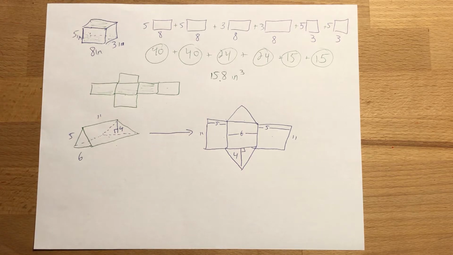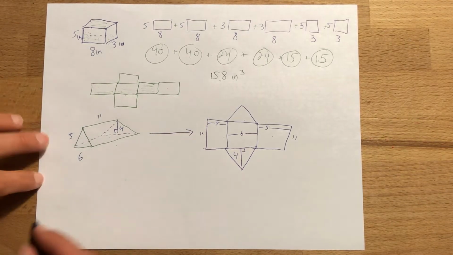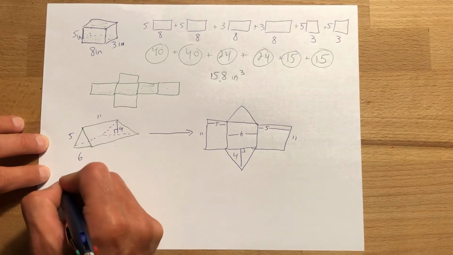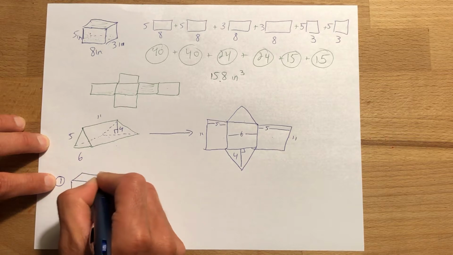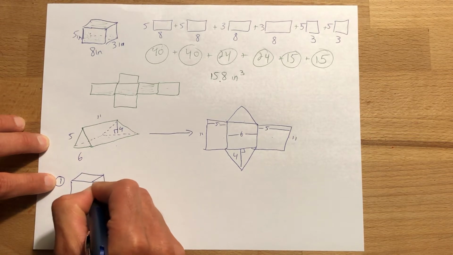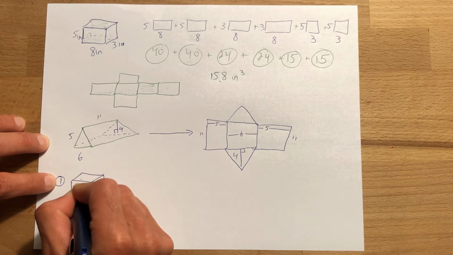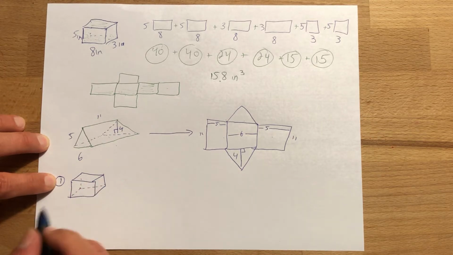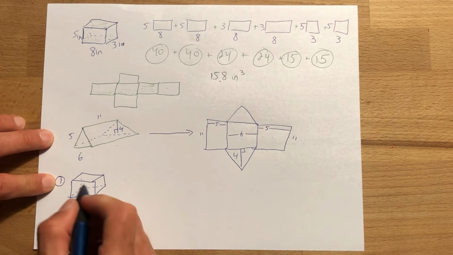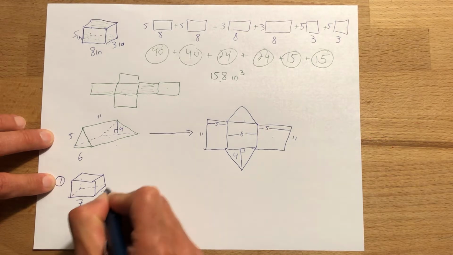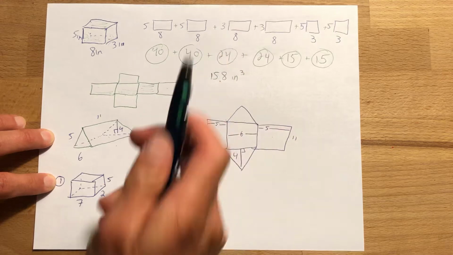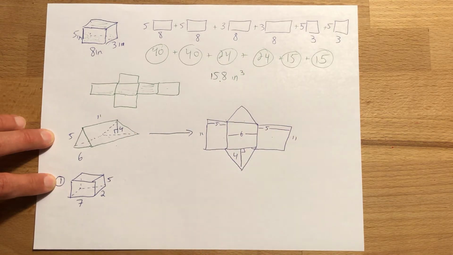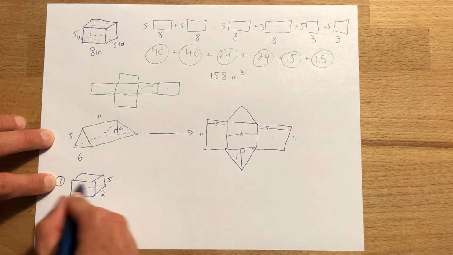And I give you some examples and some questions of what to do. The very first one is, what I like to do is just draw out all of the shapes. So if I have this shape, this is 7, this is 2, and this is 5, I'm going to draw these shapes out, kind of like what I did here, to make it nice and easy. So I'm going to do this first front one right here.